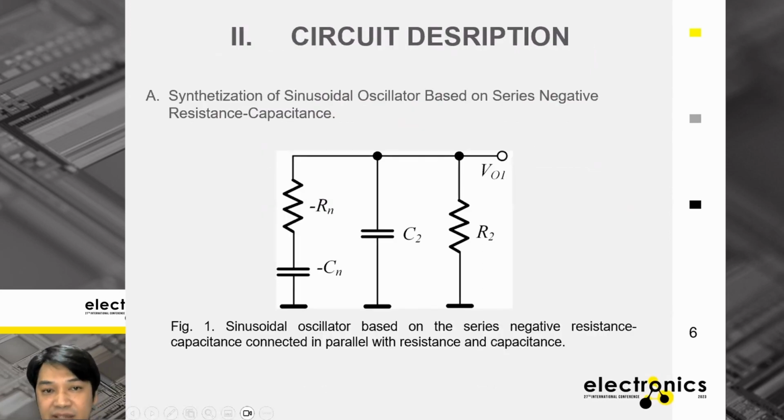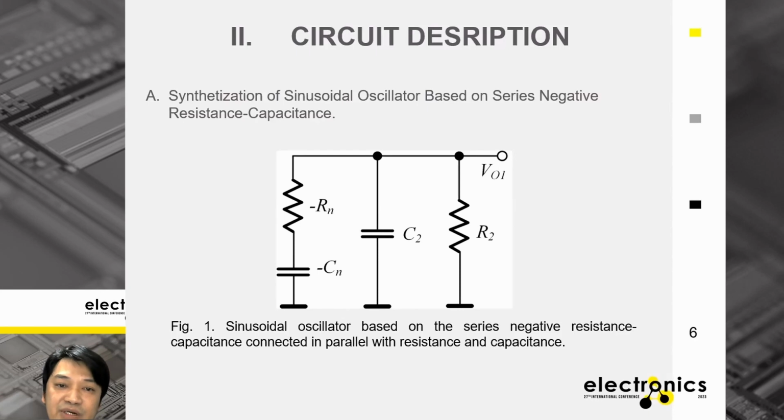In figure 1, the sinusoidal oscillator is based on the series negative resistance and capacitance connected in parallel with the resistor R2 and capacitor C2. For the synthesis of the sinusoidal oscillator based on negative resistor and capacitor, several alternative approaches have been proposed as potential ways to synthesize the sine wave oscillator.